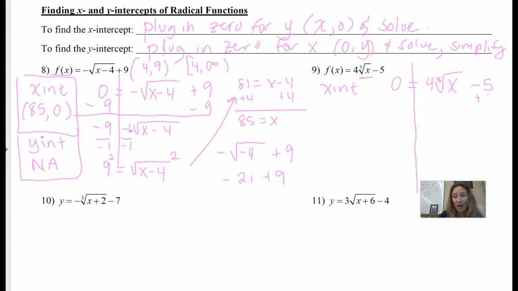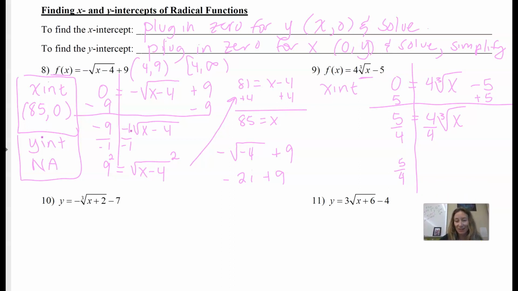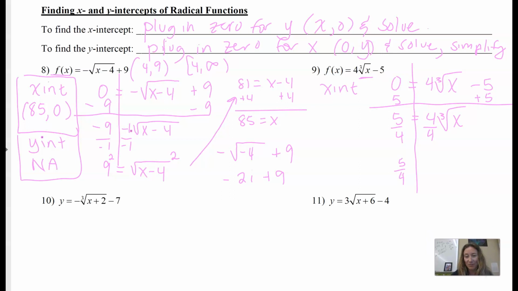So adding 5, I got 5 is equal to 4 cube root of x, divide by 4. And I'm going to have that fraction 5 over 4. I don't want to do the decimal because I'm not as comfortable taking decimals to exponents. And that's equal to the cube root of x.